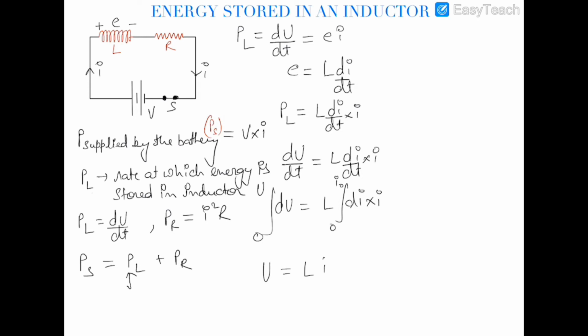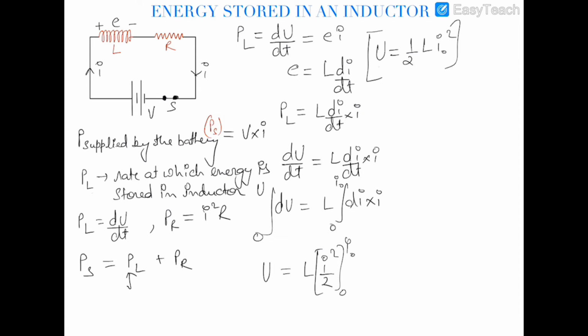So this is I square by 2. We know that the integration of I with respect to dI is I square by 2. So the limit would be 0 to I naught, and I naught is the maximum current, which is the saturated current. So U will be equal to half L I naught square.